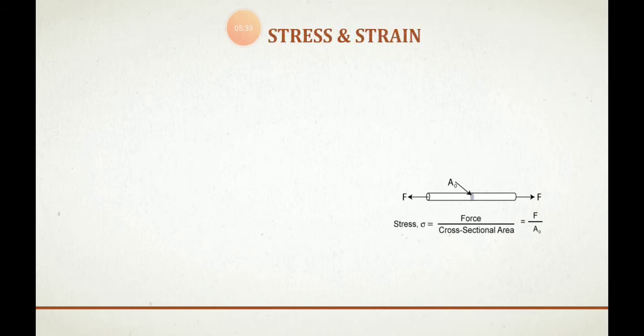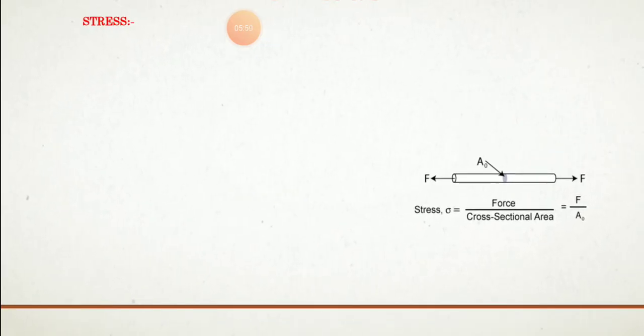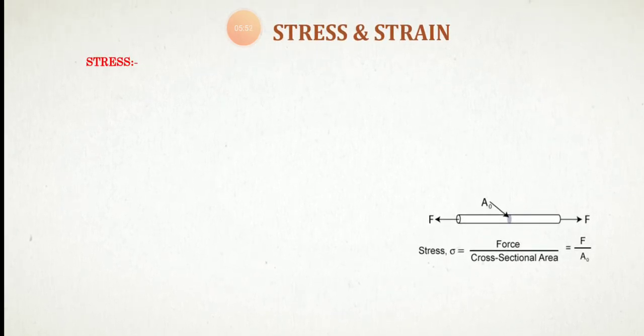Next we'll discuss the concept of stress and strain. The first concept is stress. To introduce that, I have taken one diagram here. There is one rod, and on the rod I apply forces on both sides. A0 is the cross section area of the material.